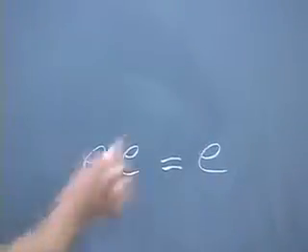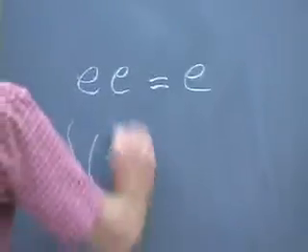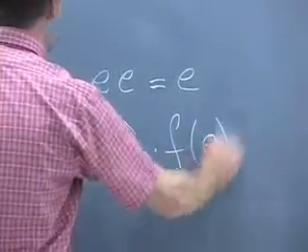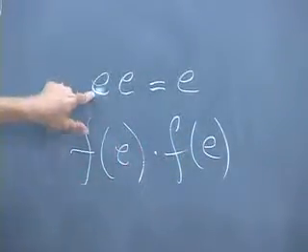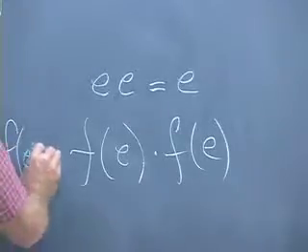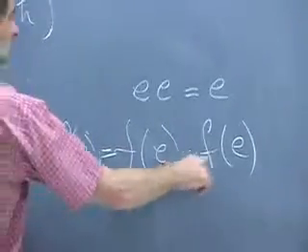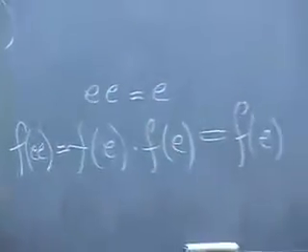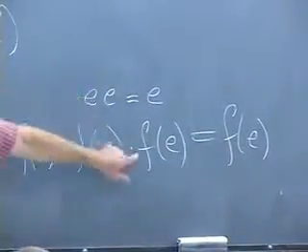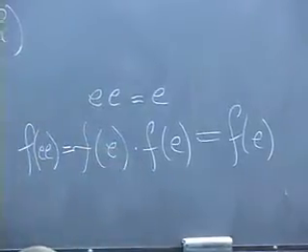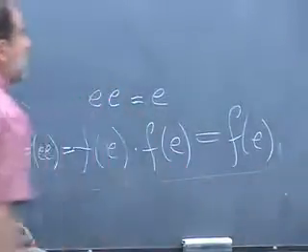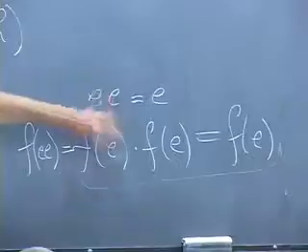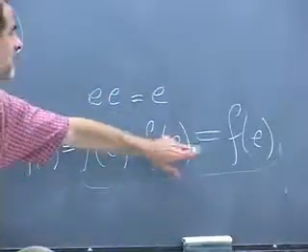So if you take that and you apply f to it, you get f of e times f of e, using this property, that's f of ee. So f of ee, which is f of e times f of e, is equal to f of e. Applying f to both sides of this identity, and then using the homomorphism property, we see that f of e has that property in the group G prime. So multiplying by f of e inverse, you see that f of e is e prime.